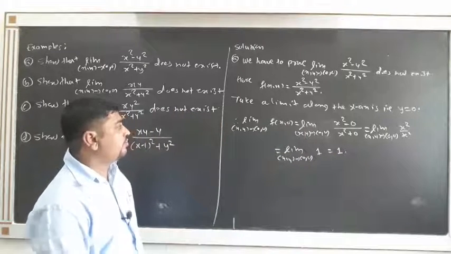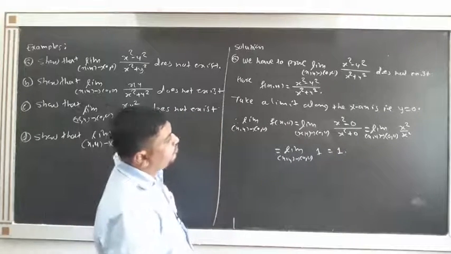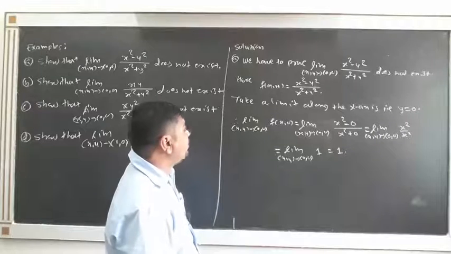So the limit of f of xy along y equal to 0 is 1.